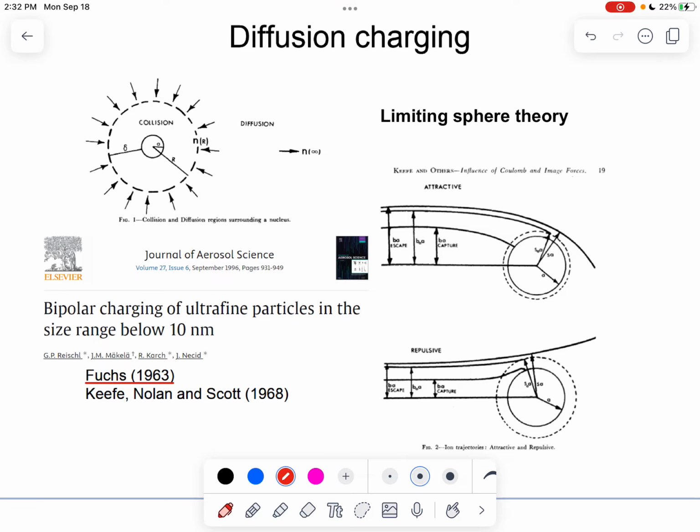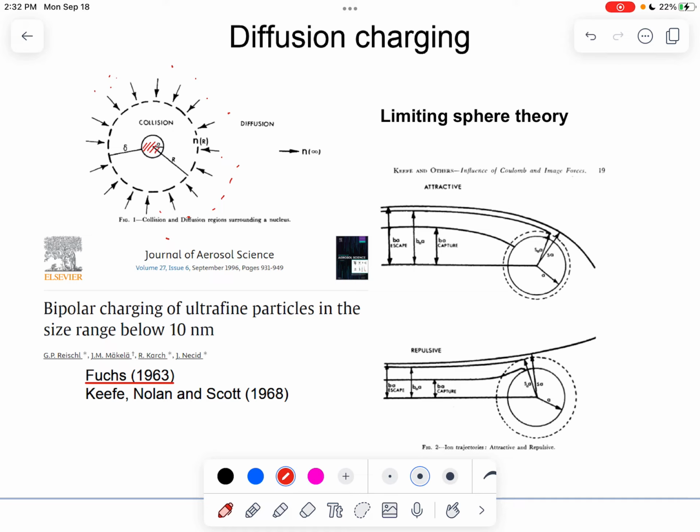So basically, the way the Fuchs charging theory works is that it considers the physical movement of the ions, and treats these ion-particle interactions on a single collision-by-collision basis. Assume that the ions are entering the vicinity of a particle.